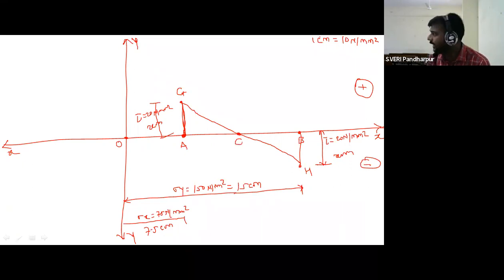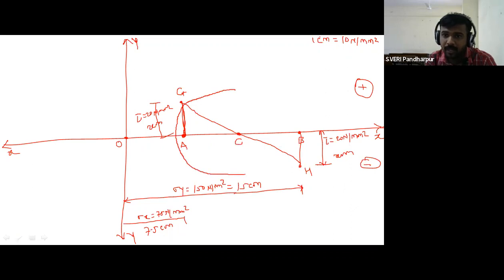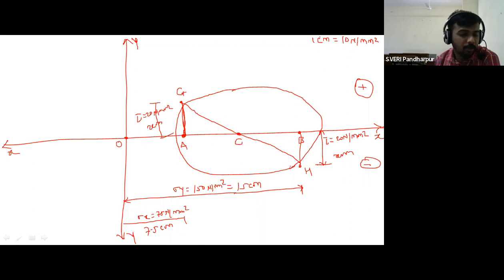Then by selecting the center point C and taking the radius CG or CH. Correct? Take the inclined radius. Don't take CA or CB radius. Your circle must pass through G or H. So by selecting the radius CG and CH, draw the circle which passes through the point G and H. Here circle is not looking like a circle in my figure, it is looking like an ellipse.